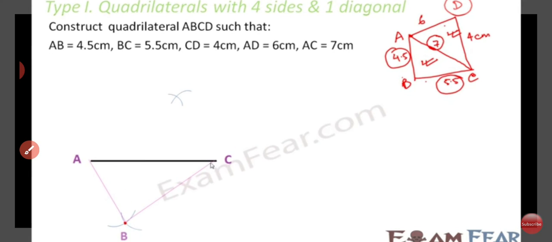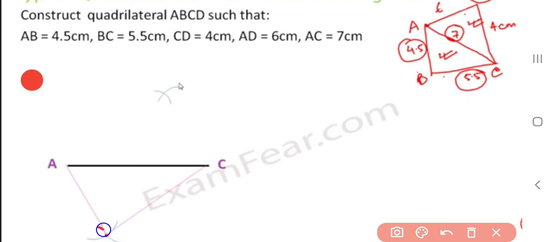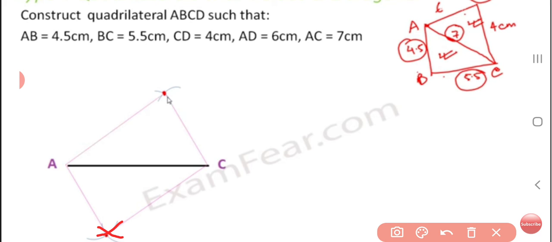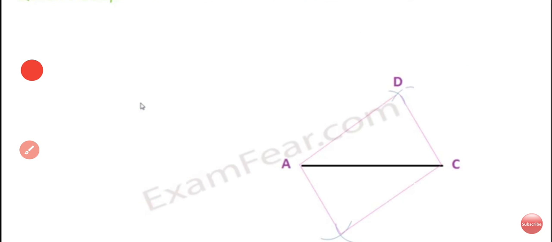And with C as the center, take 5.5 as the radius and draw the arc. Now take AD, which is 6 centimeter. Take A as the center and draw AD, and draw CD equal to 4 centimeter, and join them, and it is your required quadrilateral.